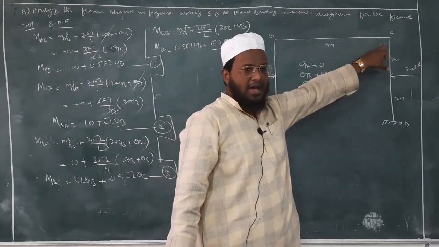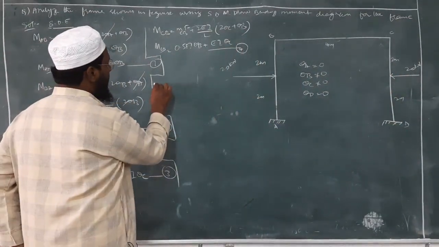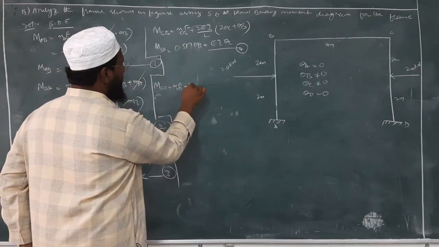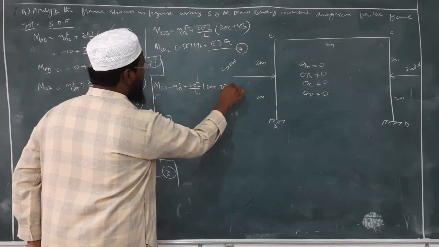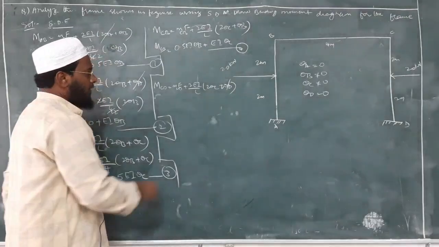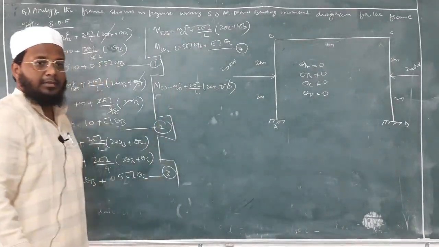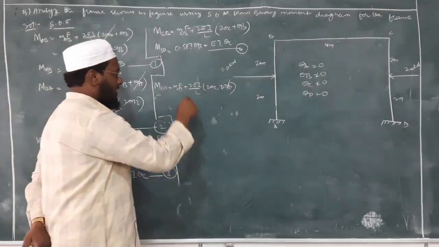Now we have finished span AB, span BC. Now we will go for span CD. Okay. So MCD is equal to MFCD plus 2EI by L into 2 theta C plus theta D. Theta D is 0. So what will happen? What is MFCD we have? MFCD is minus 10, right.